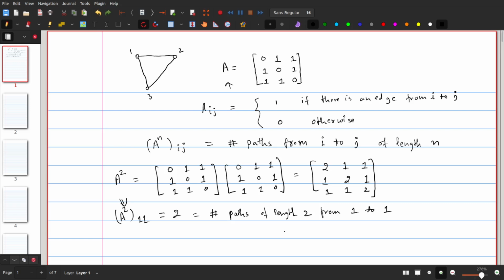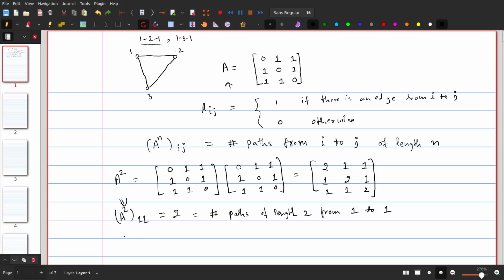If we look at this graph, then what are these paths of length 2? One path is if we go from 1 to 2 and then return to 1 along the same path. This is a path of length 2. And another path of length 2 is 1 to 3 and then back. So these are the only paths of length 2 from vertex 1 to itself.